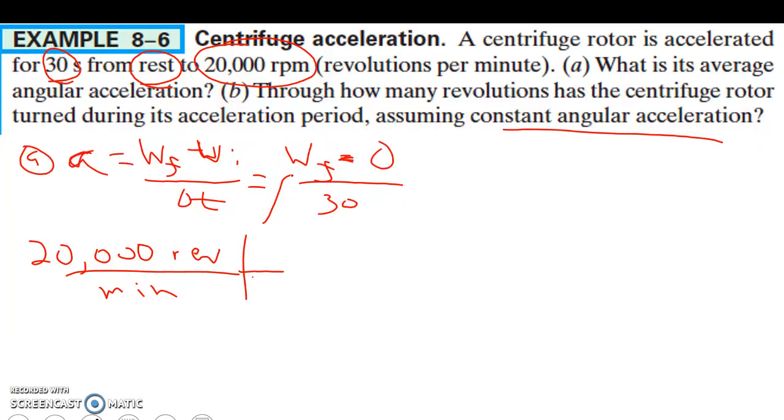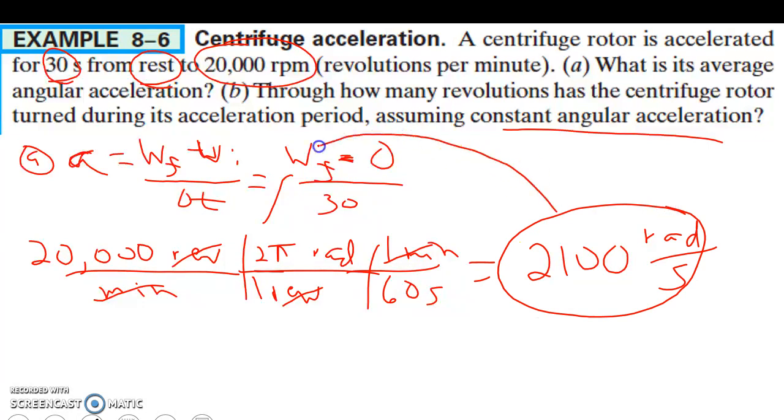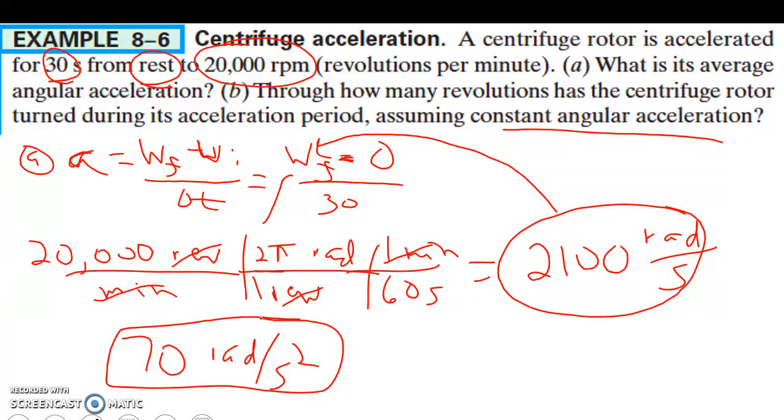One revolution is 2 pi radians, and 1 minute is 60 seconds. And working all that magic math, you get 2100, I'm rounding here, radians per second. I substitute that in for ωf, divide that by 30, and I get the angular acceleration to be 70 radians per second squared.